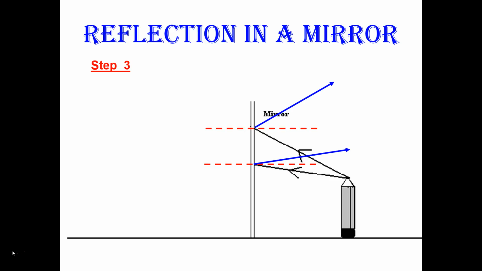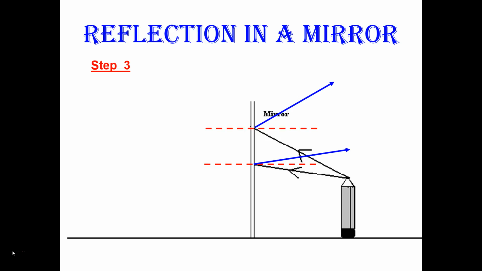Step number 3 relies on your brain not understanding that light can be reflected. Okay, so even though you understand that, the very primitive parts of your brain that are responsible for processing visual cues, they don't understand that. And so the brain forms an image of this pencil back behind the mirror where it can't actually be.